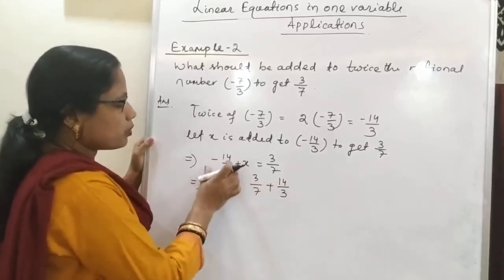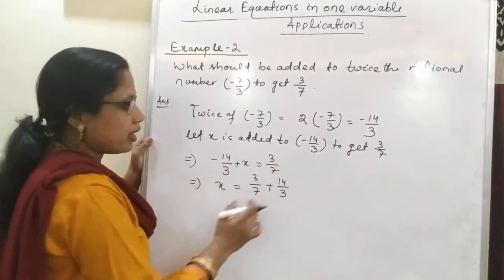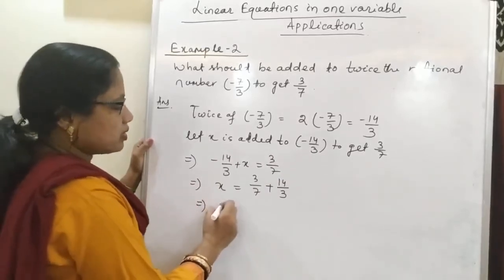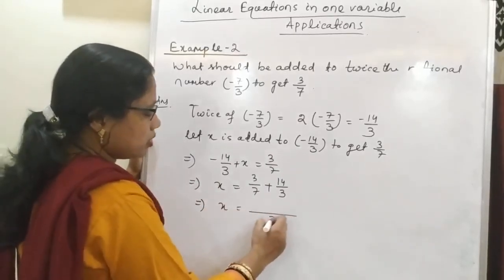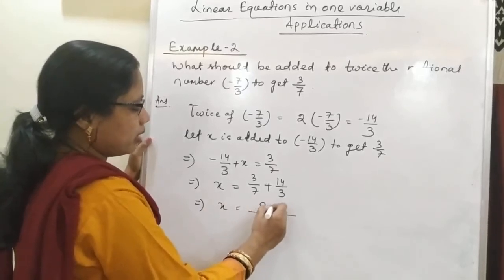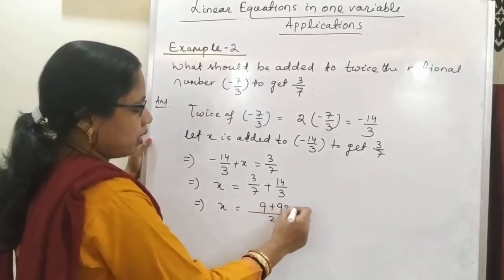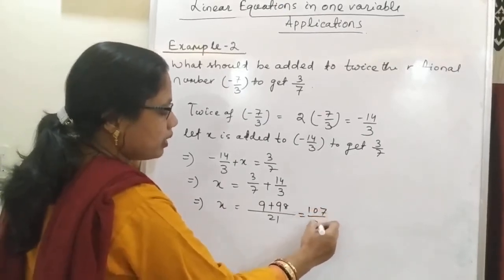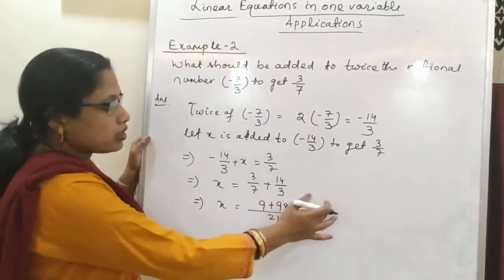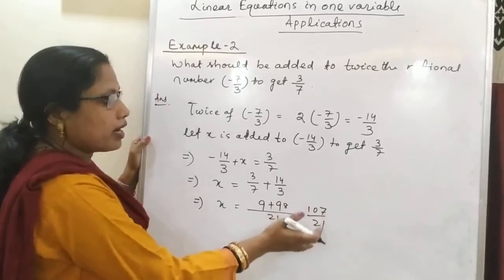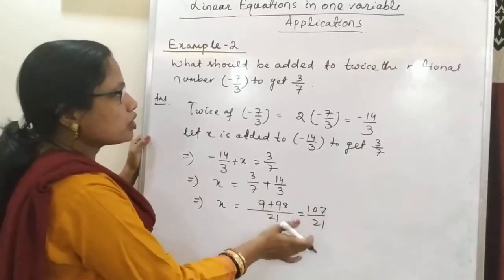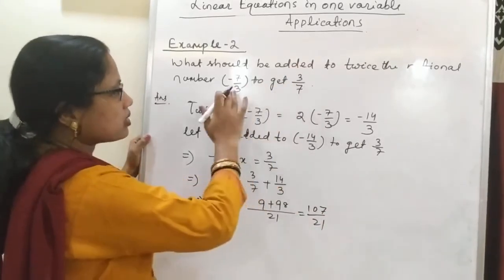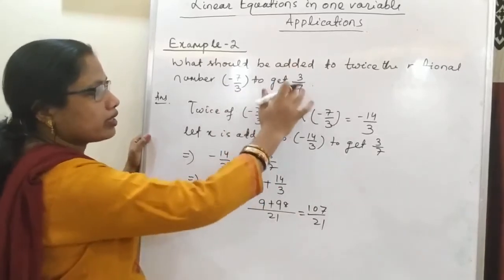Here minus 14 by 3 is transposed to the right hand side. So x is equal to, the LCM is 21, (9 plus 98) by 21, which is 107 by 21. So 107 by 21 is that rational number which will be added to twice the rational number minus 7 by 3 to get 3 by 7.